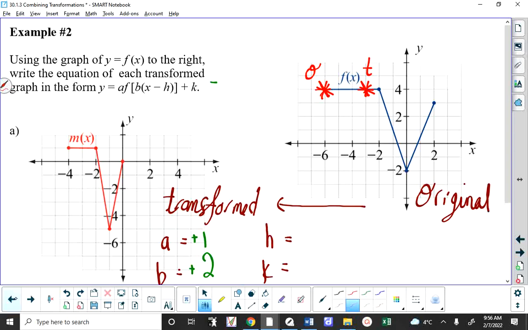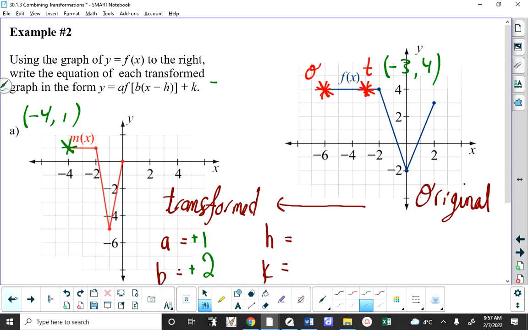Now, where is that point supposed to be? It's supposed to be here, isn't it? So this point, after the transformations of A and B, lands at -3, 4. But we need it to be at -4, 1.